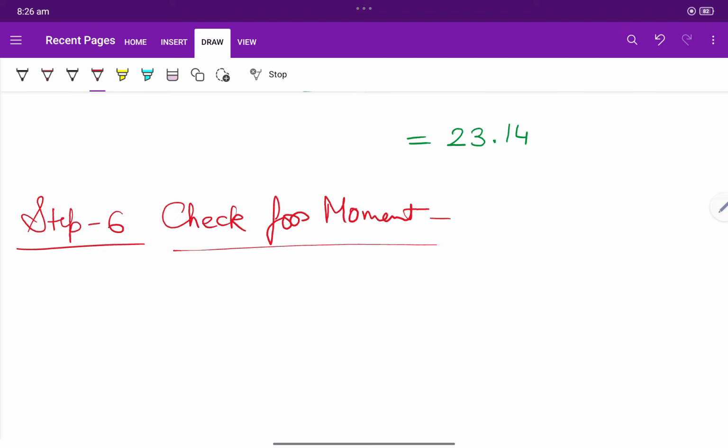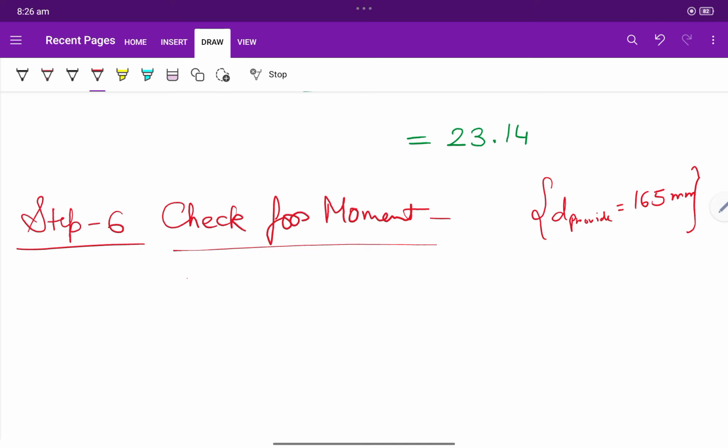The d assumed we have taken, small d provided, we have provided 165 mm. Let's see what we get from here.